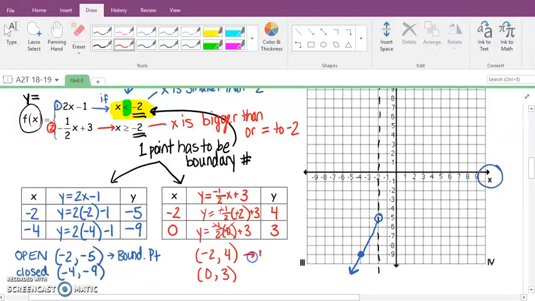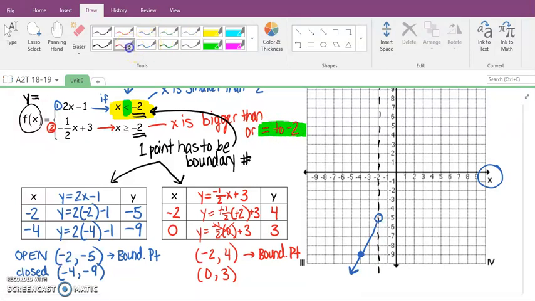Again, remember that first one is my boundary point, so I do need to ask myself if it's going to be open or closed. Typically, because it's a function, one will be open, one will be closed. You should never have both closed. So if you weren't sure, you could look and say, oh, the last one was open. This one's probably closed. But what really tells you is this equal to part. The equal to is what says this is going to be a closed point.